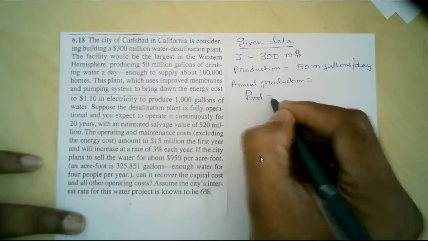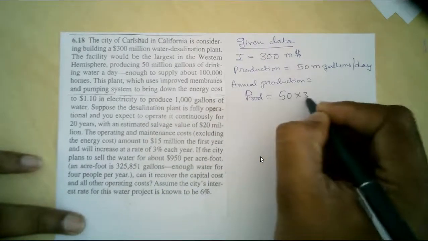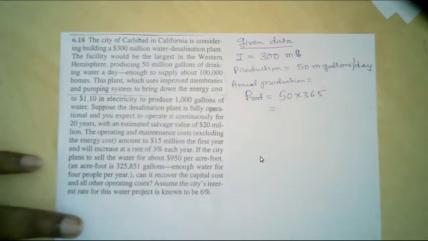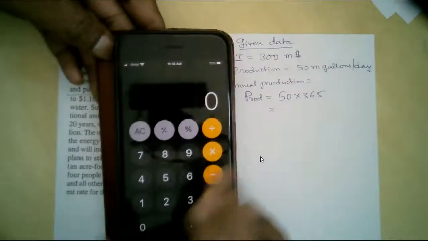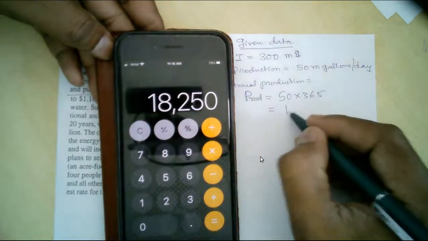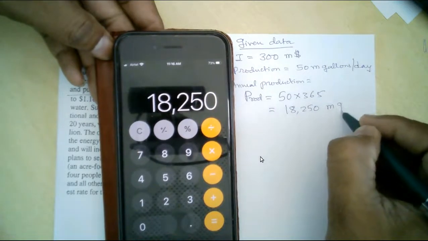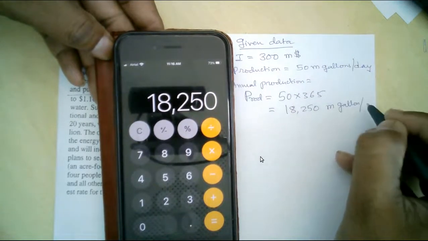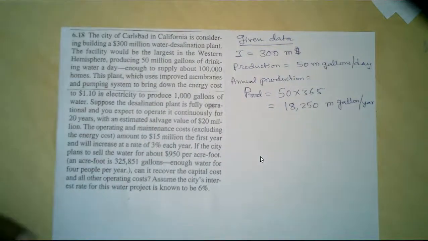Okay. I'll just say production. So 50 multiplied by 365. So how much will that be? Let me quickly do that calculation. So 50 multiplied by 365. So I'm getting 18,250 million gallons per year. So this is the annual production.